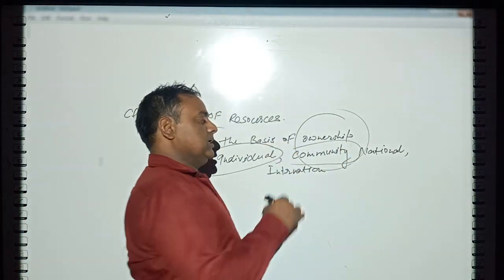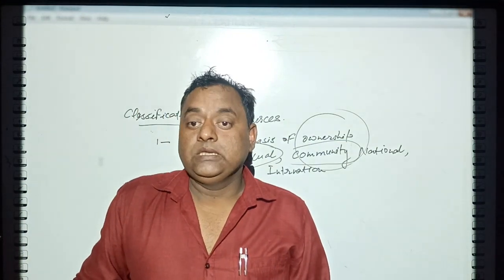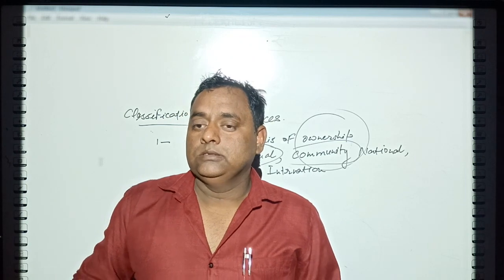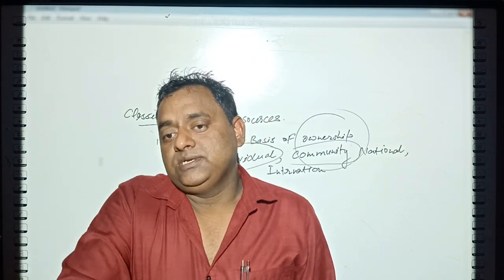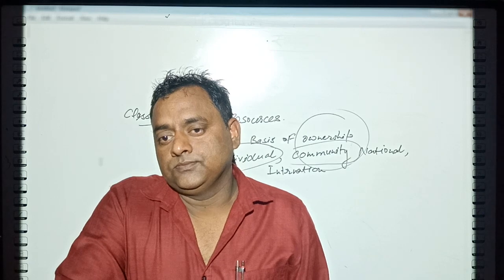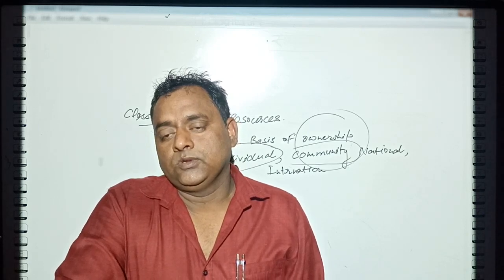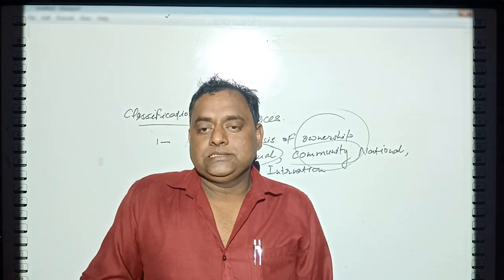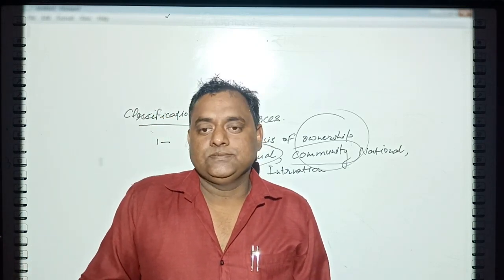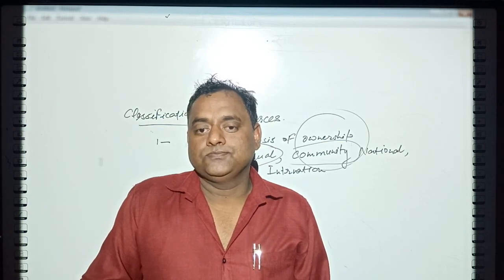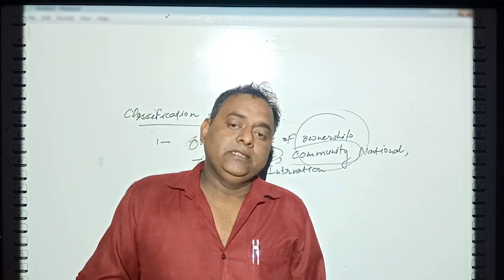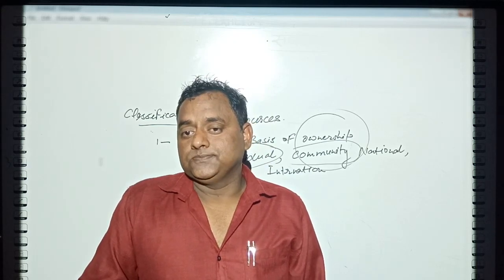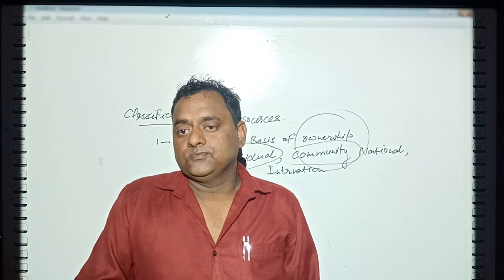Second are community resources. Community means many persons belonging to one community. A resource that is utilized by all members of the community, and to which they have rights, is called a community resource.